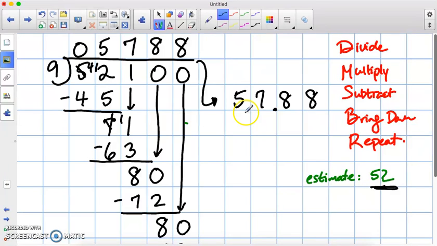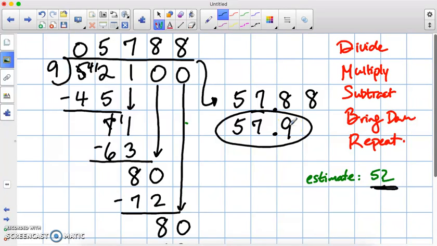However, if you were to round this answer to the nearest tenth, or the quotient to the nearest tenth, you would have 57 and 9 tenths because the digit in the hundredths place is an 8, so we follow the regular rules of rounding. Where it's 5 and above, you go up. So in the tenth spot, you go to the nearest digit, which would be 9. So our final answer is 57 and 9 tenths.